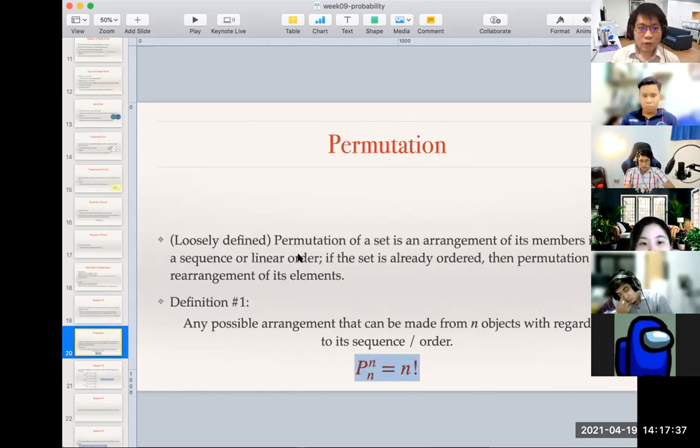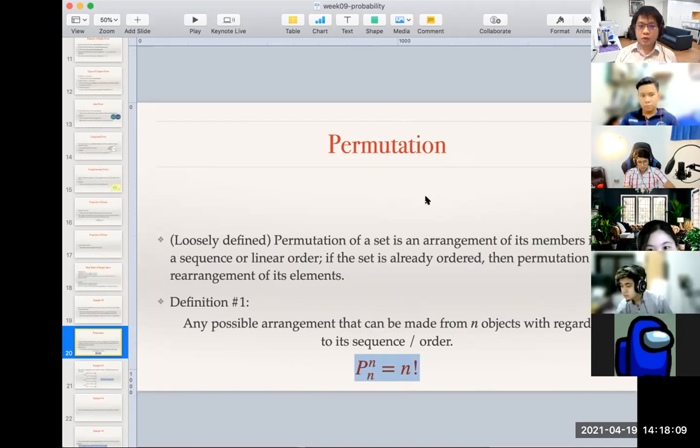Okay, so permutation. In a very loose definition, permutation is an arrangement of the members of a set into a sequence or a linear order. If the set itself is already in an ordered manner, either ascending or descending, then the permutation is a rearrangement of its elements into a different sequence.